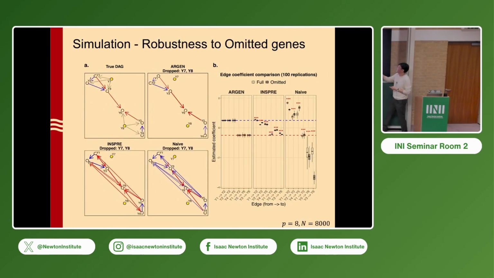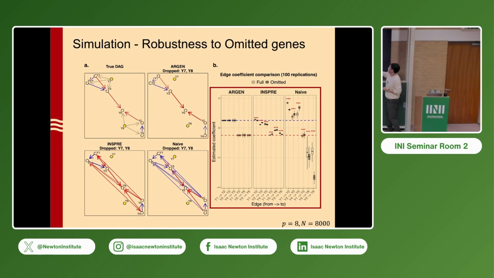Okay, so this is the true underlying DAG, and this is the DAG that we recover even when we remove Y7 and Y8 from the analysis. You can see that when these two nodes are removed, the other methods and naive are suffering from recovering the DAG.